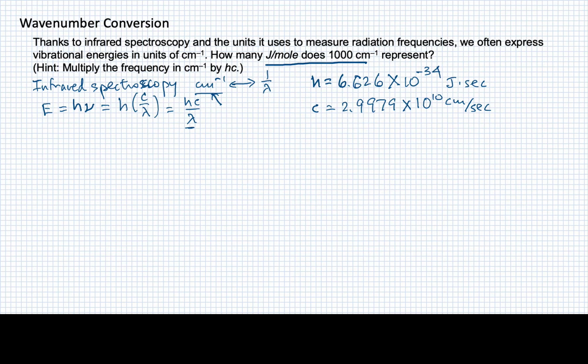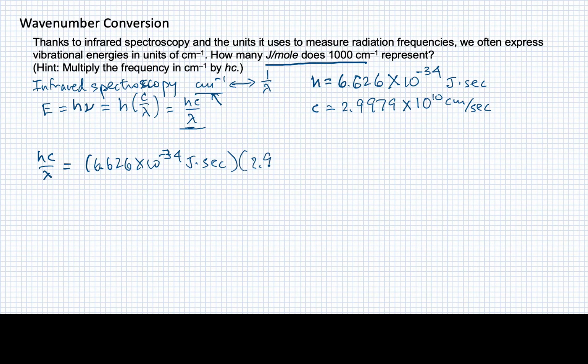All right, so how we would go about doing this is we would basically take our combination of constants here, hc over lambda, and write it out as follows. H is 6.626 times 10 to the minus 34 joule seconds.